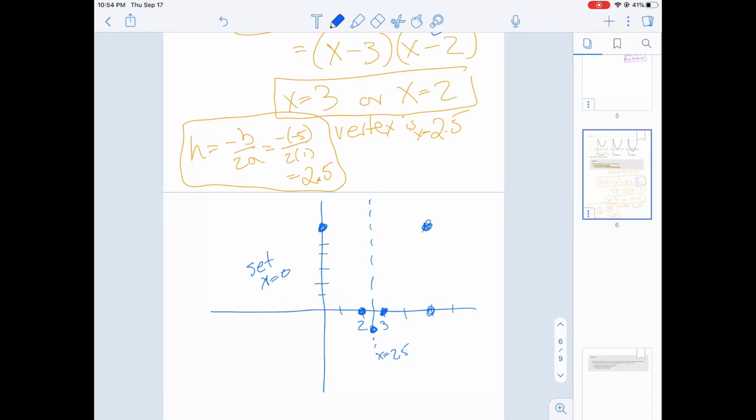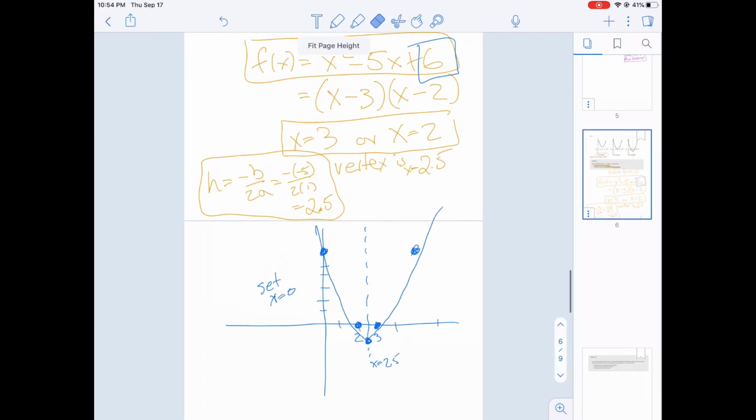And the vertex is going to be on that axis, in a kind of parabola-ish way that I can never get to line up when I try and draw. You can get a decent graph of the parabola just based on very little calculation once you've factored this.